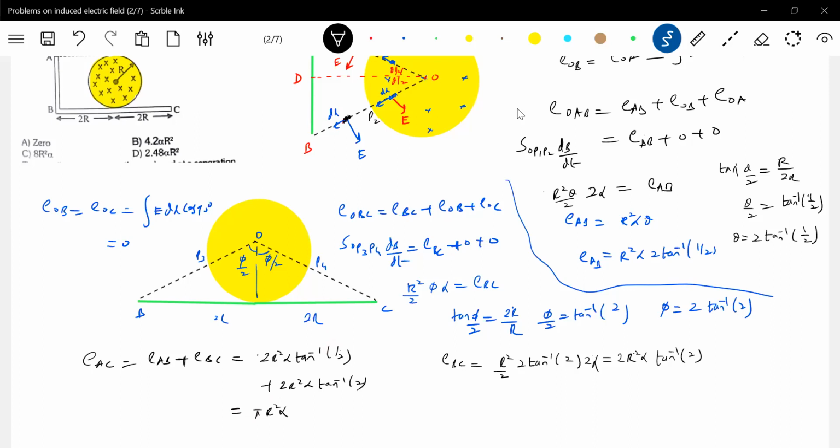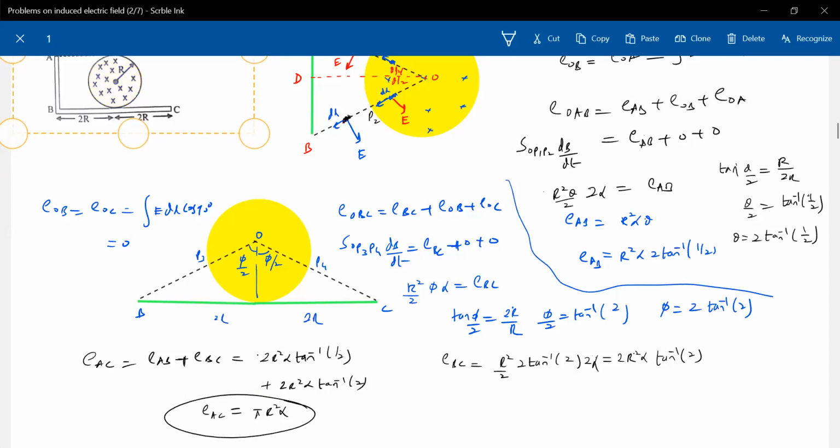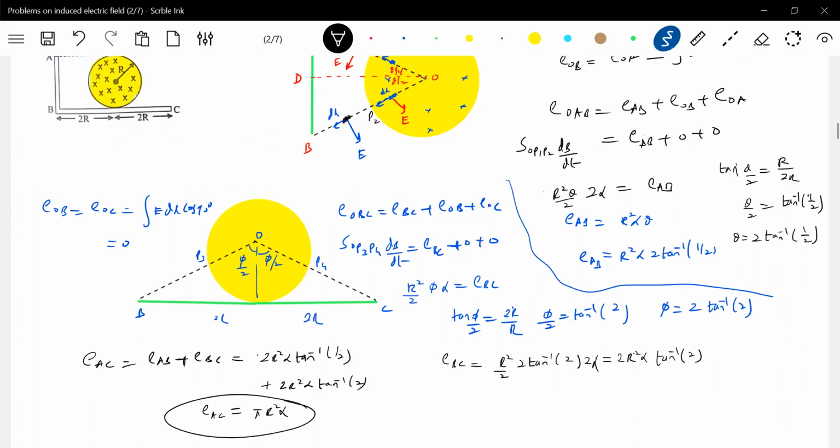Pi means 22 by 7, 3.14. 6.28. No options. I'll remove this by 2. Okay, this will be our answer.